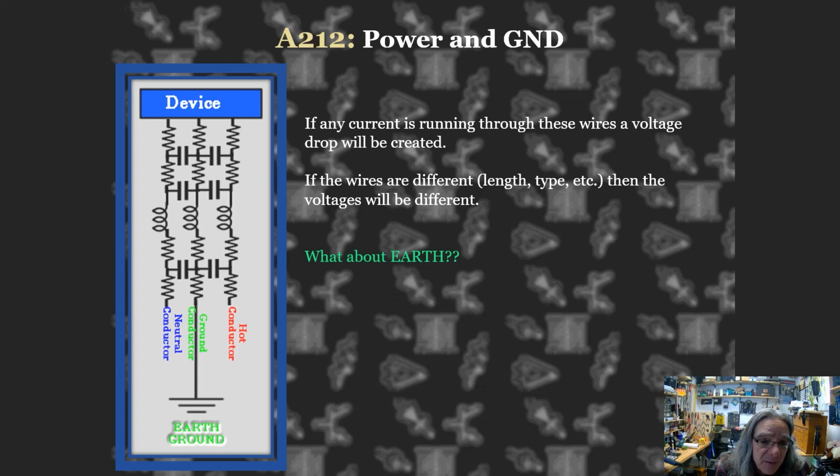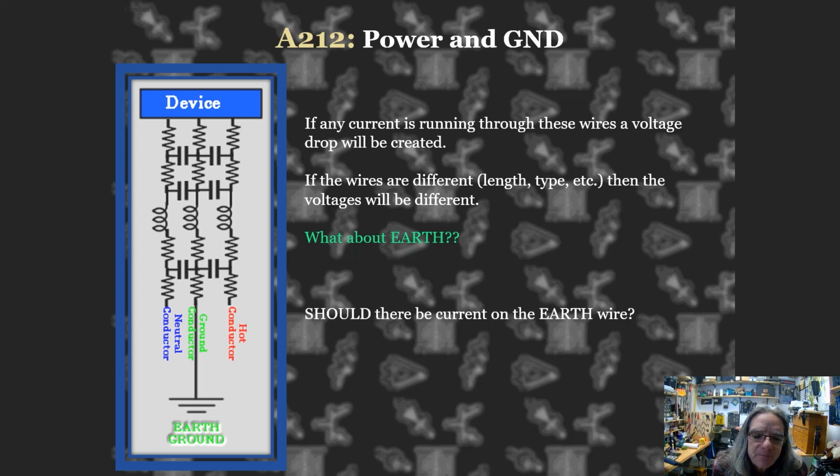So let's keep going. Think about earth. And maybe I'm talking about what's going on in these wires for no reason. Maybe I'm not. We'll get there. So what about on earth? Should there be current flowing on earth? How much? We know hot and neutral have whatever current the device is using. So what about earth?